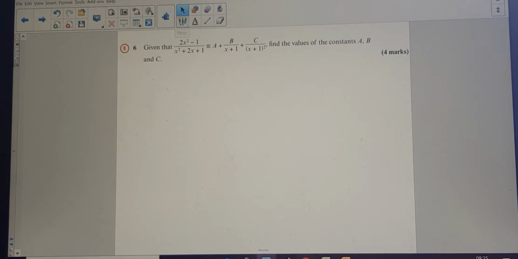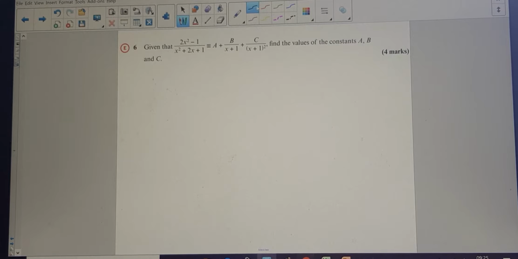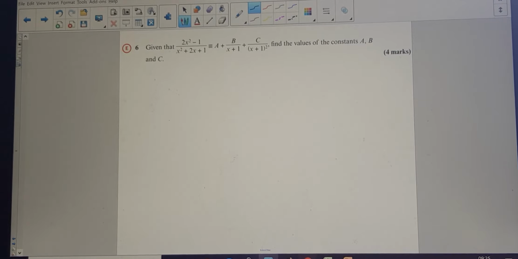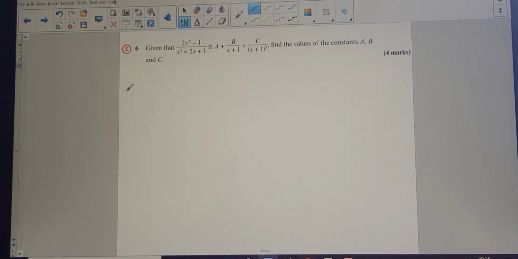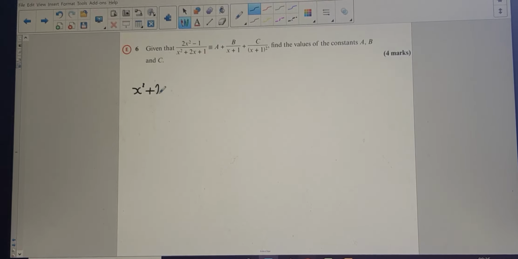Well, first thing I'm going to do is work out what a is, and in order to do that I'm going to divide the numerator by the denominator, looking at our methods from year 12. So I've got x² + 2x + 1 dividing into 2x².